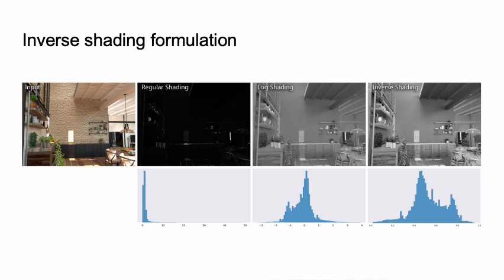One solution to this problem is to formulate the shading in a logarithmic scale. This leads to a more uniform distribution of values, but the logarithmic domain lacks contrast and a well-defined range. Using inverse shading solves these two issues. The contrast is preserved, and we have a shading range between 0 and 1, making it easier for the neural network to learn these values.